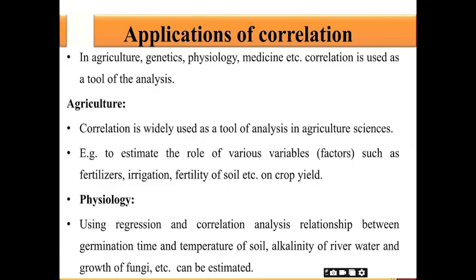For example, to estimate the role of various variables such as fertilizers, irrigation, fertility of soil, etc. on crop yield. In physiology, using regression and correlation analysis, the relationship between germination time, temperature of soil, alkalinity of river water, and growth of fungi, etc. can be measured and estimated.